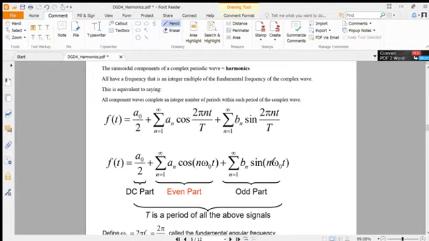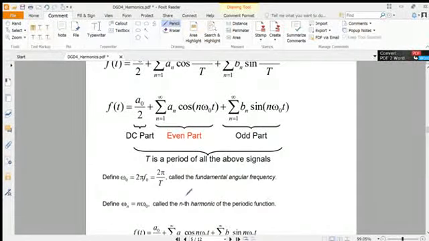When we read the power factor, the reactive power, which is the useless, wasted power, is related to the sine component, B sine theta, whereas the real power is related to the cos theta. So in power systems we are greatly concerned about the odd part. Later on we'll see why we are concerned about this.